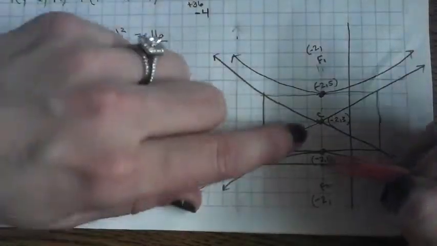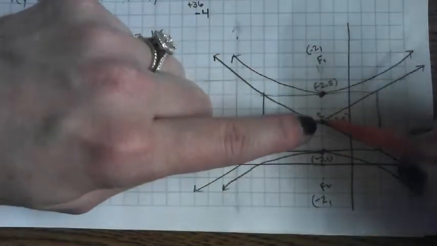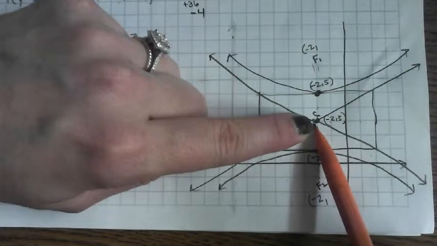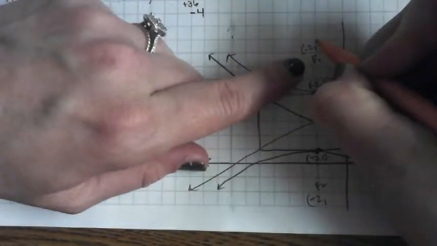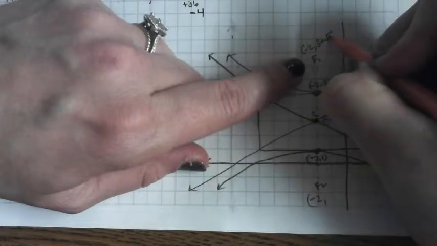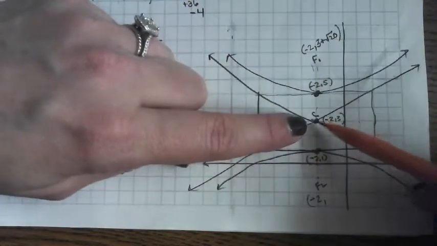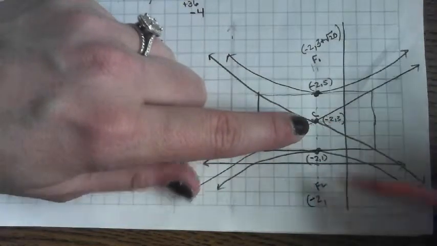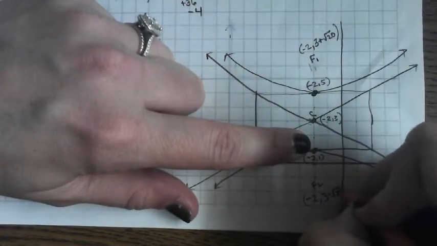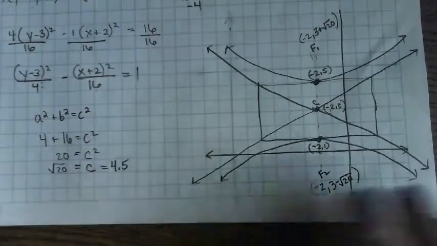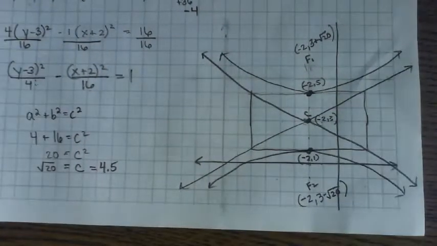But for this one, I was at 3 for my center as a y-coordinate, and I'm adding on that root 20. So the y-coordinate is 3 plus root 20. And down here, I was at 3, but I dropped down the root 20. So 3 minus root 20. And there's our focus points.